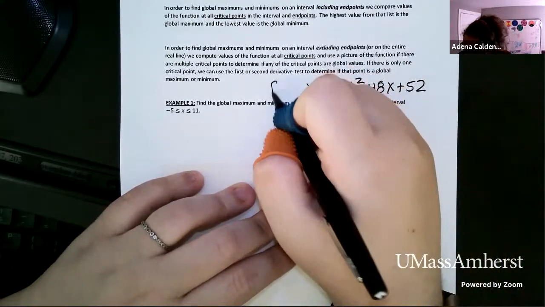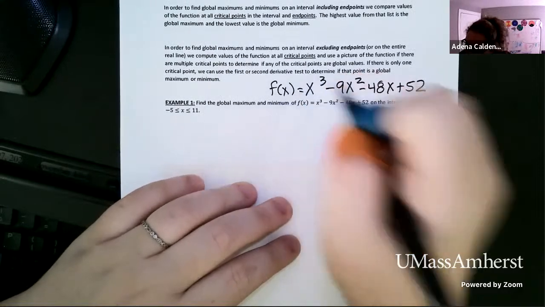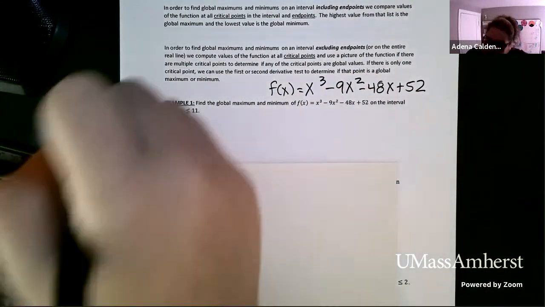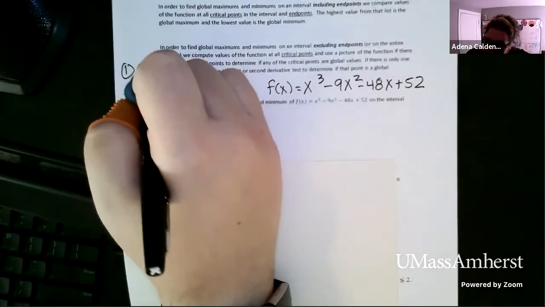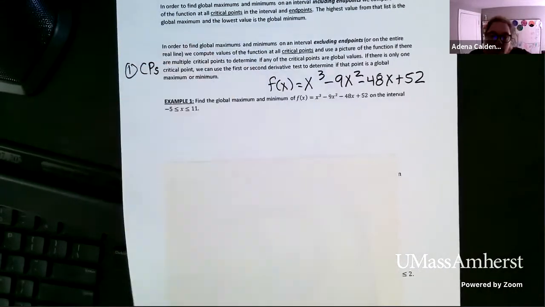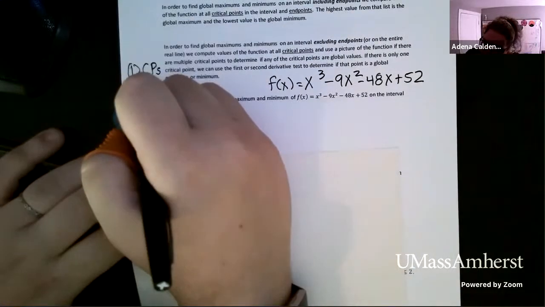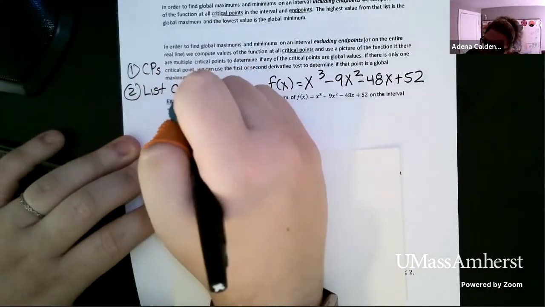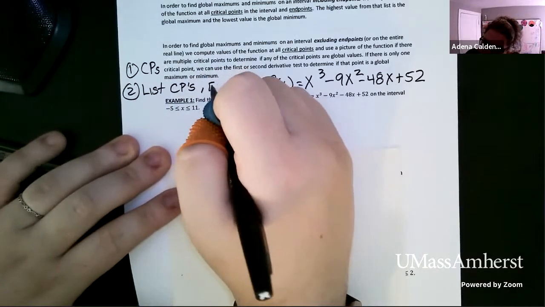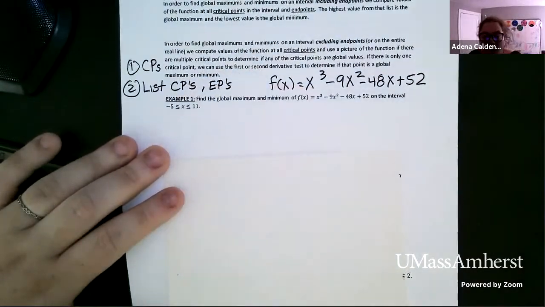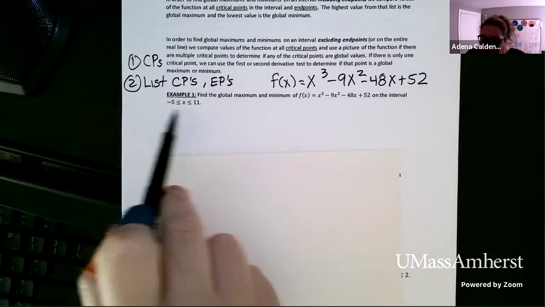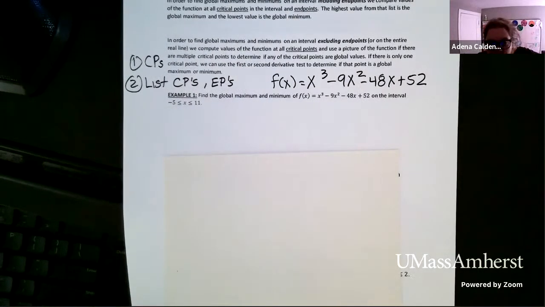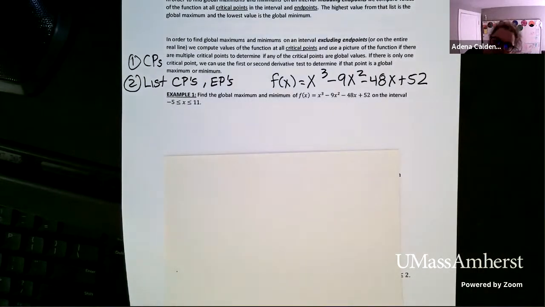Okay, so what do we need to do? Step one, we need to find critical points. Step two, we're going to make a list. On our list, we're going to have critical points and end points. Where do we get the end points? We get them by this interval where we are defined. That's why we have less than or equal to and greater than or equal to.